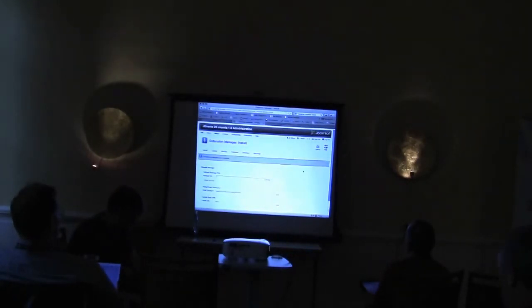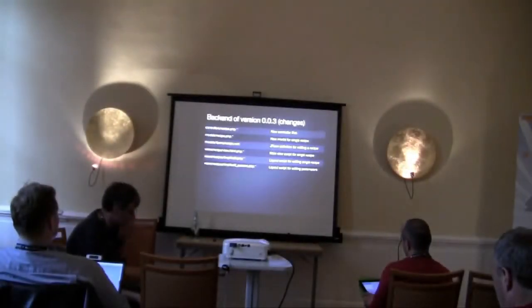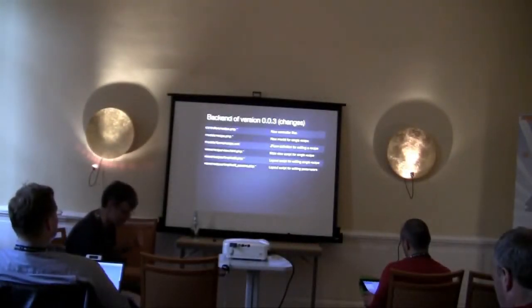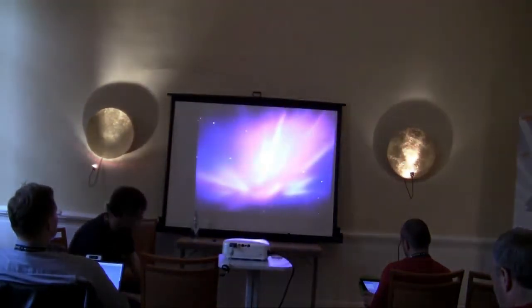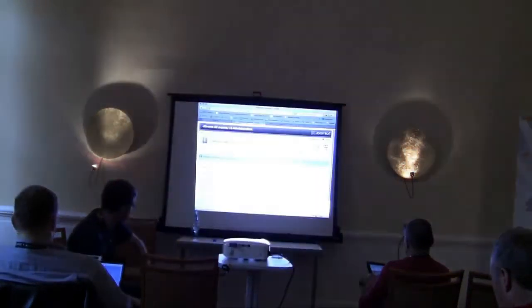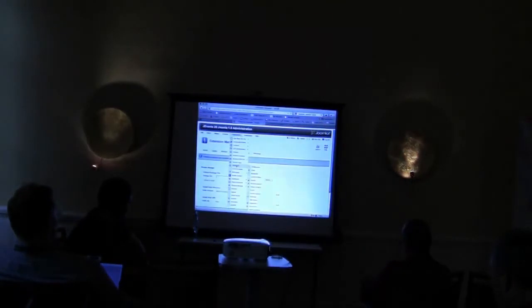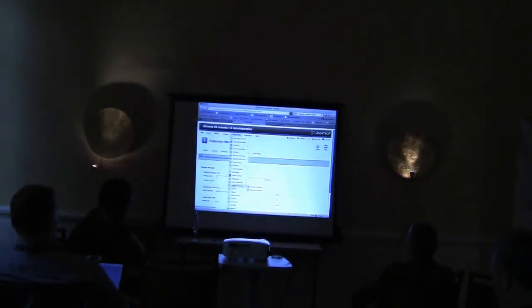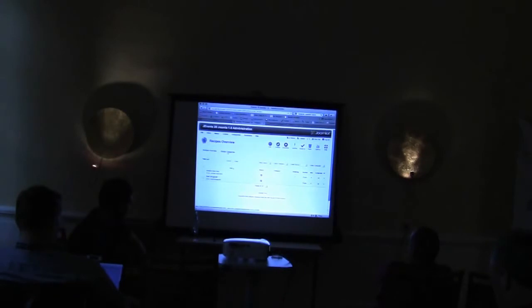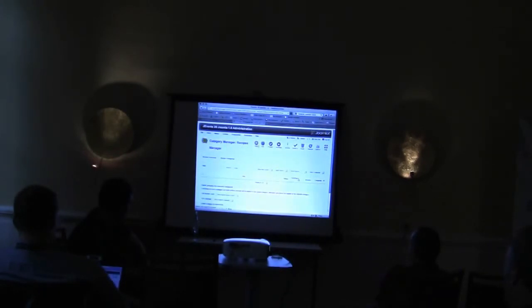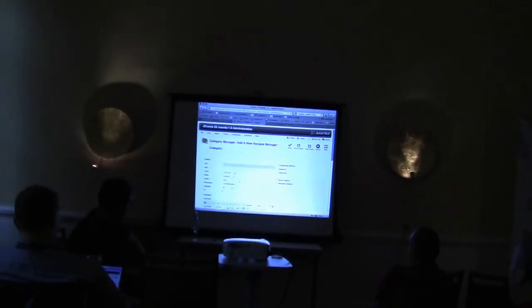Okay, so we've now installed version 3, and we're going to go off and create some categories and so forth. I'll show you that in action first, and then the code might make a bit more sense. So let's create a category here. Call it savory dishes.